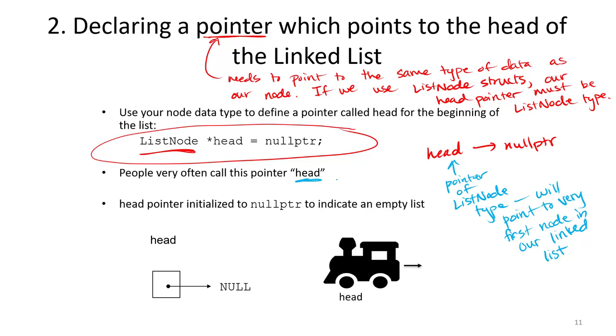And most of the time, if we have an empty linked list, we follow the practice of making our head pointer point to null to indicate that the list is currently empty. So right now, we don't have a full linked list yet. We just have a pointer that currently points to null.